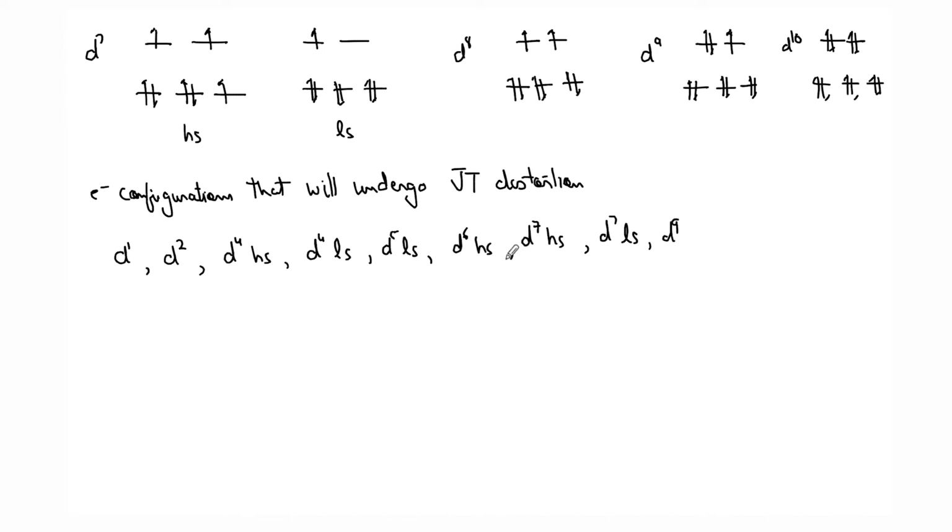Now CFT also predicts that distortion will be more pronounced if the EG set is asymmetrically filled, or we can say if it's a doubly degenerate electronic configuration. So we will write it down.